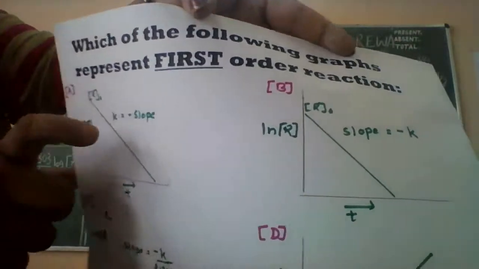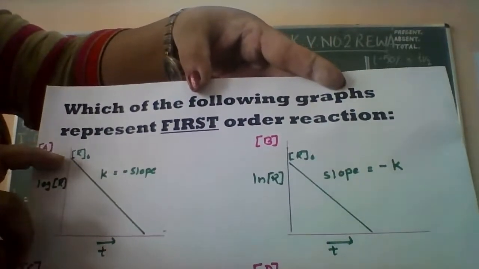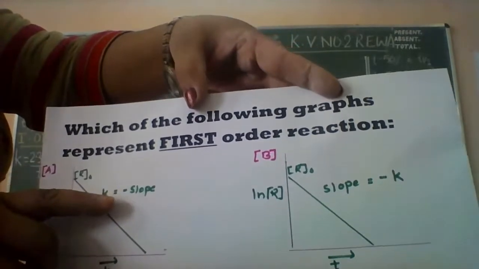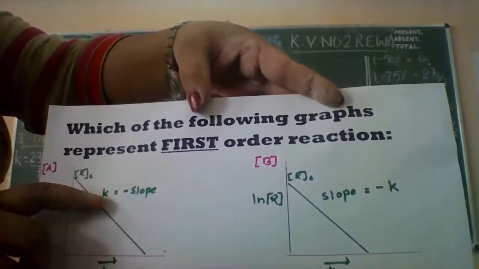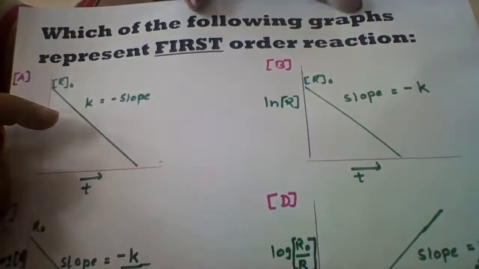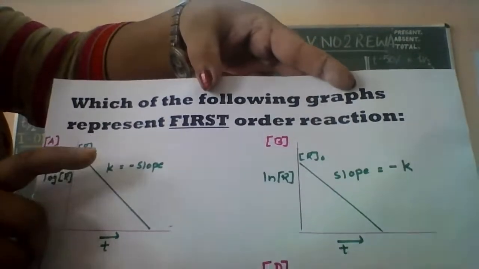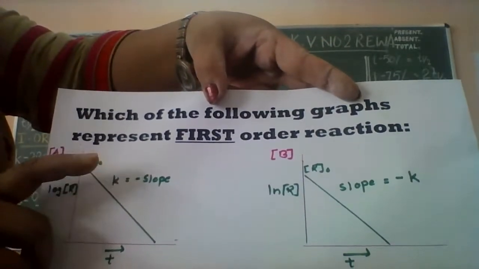And in this case, R naught is also correct. The problem is in the slope value. The minus slope is equal to k upon 2.303. The mistake is in the value of the slope.